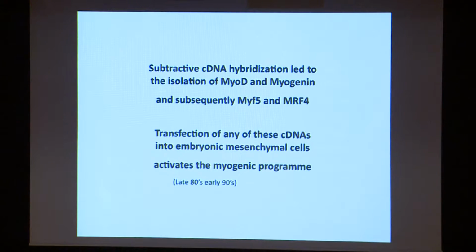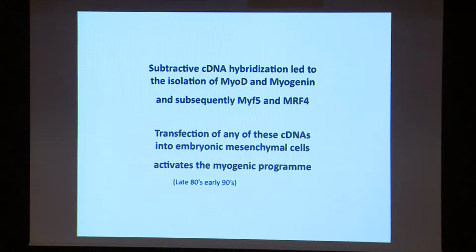Everybody wanted his gene or her gene to be the one that was going on top of the hierarchy, like MyoD was above all the genes at this time, because it had been discovered in the laboratory of Harold Weintraub, and Harold Weintraub was quite convinced that this was the muscle determination gene, although he was wrong.